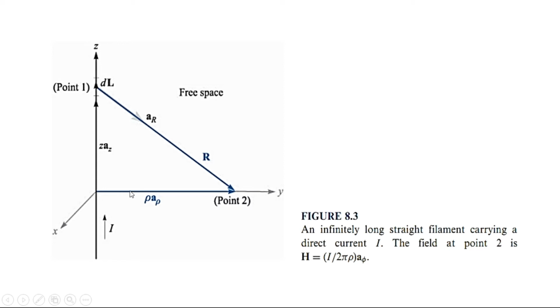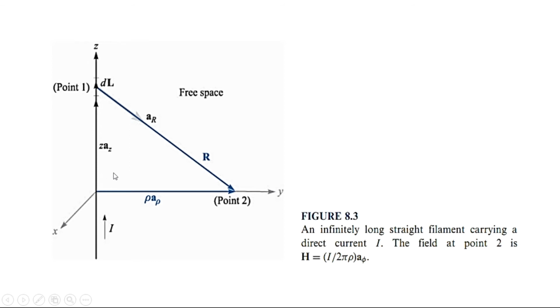It means that if we want to find the magnitude at this point, the magnitude depends upon this distance and the direction will be like this. Similarly, if we want to find the magnetic field intensity at this point, the magnitude depends upon this distance and the direction will be like this.